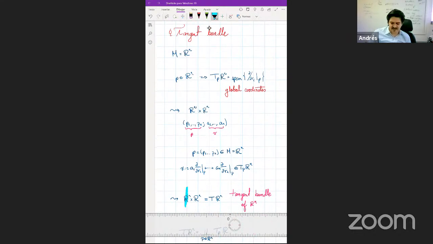So Rn times Rn, this is the notation that we will use, and that's the tangent bundle of Rn. So we are putting together all the tangent spaces of the manifold. Again, it's important to think that the first thing is the manifold, and the second entry corresponds to the tangent space, or the linear space.